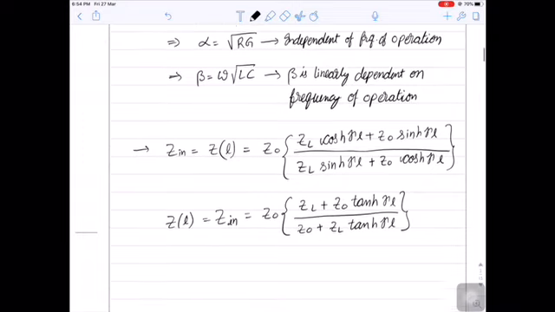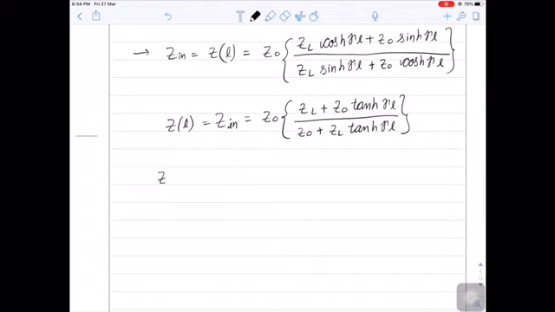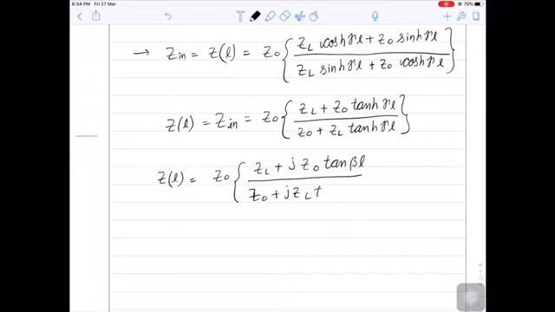For a lossless transmission line, Z(l) = Z0 (ZL + jZ0 tan βl) / (Z0 + jZL tan βl). After this, we try to define the voltage reflection coefficient.